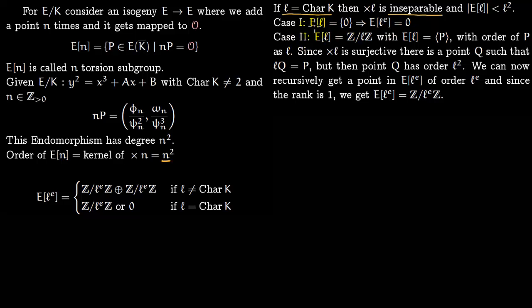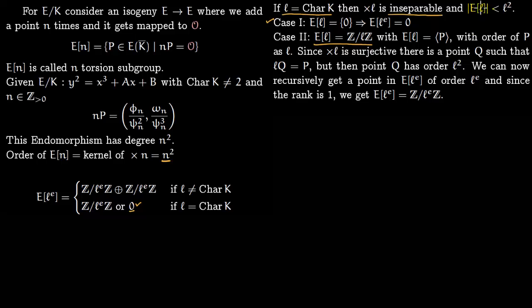So case 1 is that E[L] has only 0 in it. That would imply that E[L^e] is also 0. So the 0 case is covered. This is easy. Case 2 is that E[L] is, say, Z over LZ.